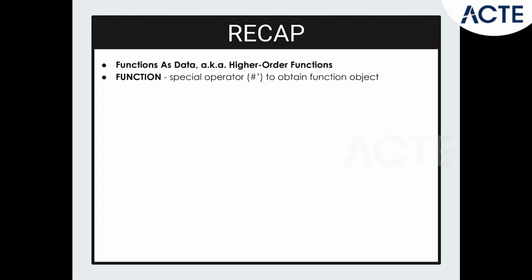The thing that we introduced was a function object, and the syntactic sugar for that was hash quote, which provides you a function object. We are defining functions, and I showed you that you can actually split the defun macro. It just provides you a name, but the actual function definition is what matters, because you can attach any symbol to it.